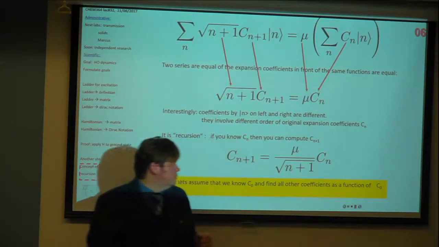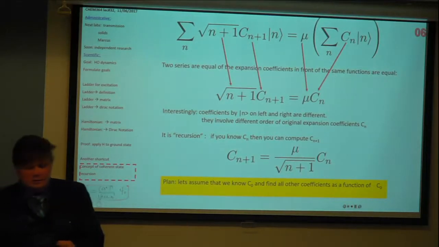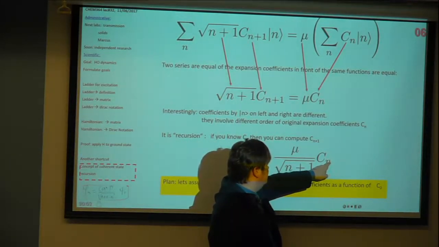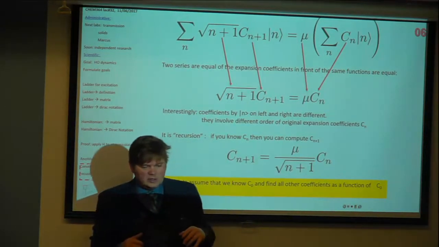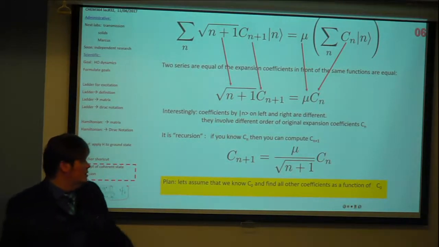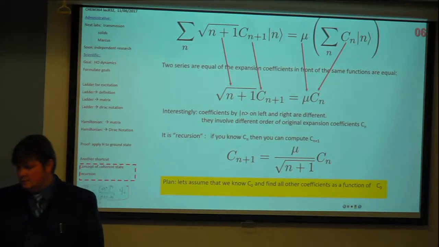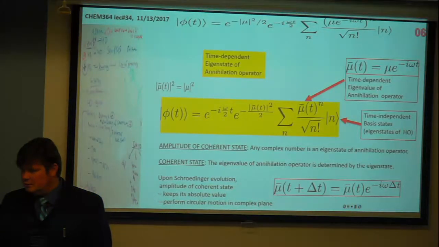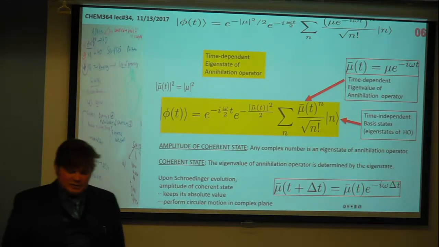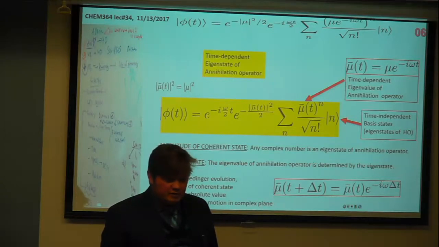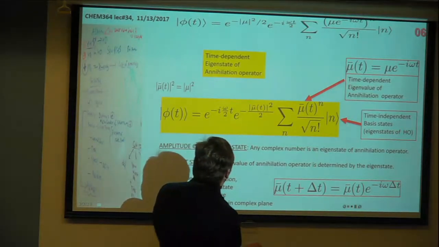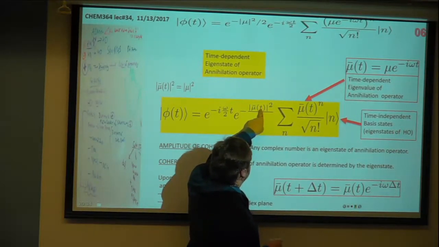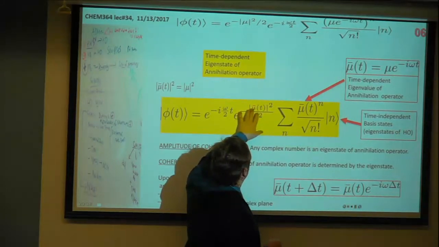If we assume the 0th coefficient, then we can escalate this recursion and get all terms except the 0th one. Then we tried to normalize, so we expressed all of the terms in terms of the 0th one, normalized, and obtained the normalization constant, which was the eigenvalue of the annihilation operator squared divided by 2.